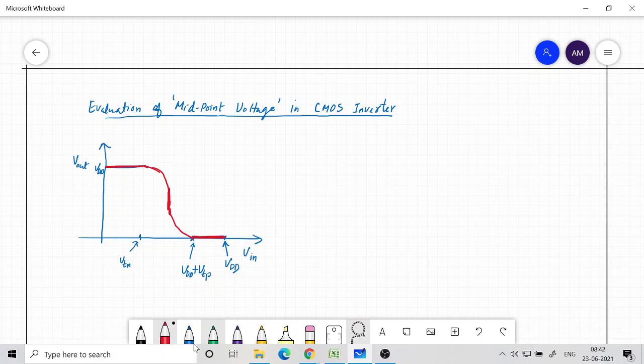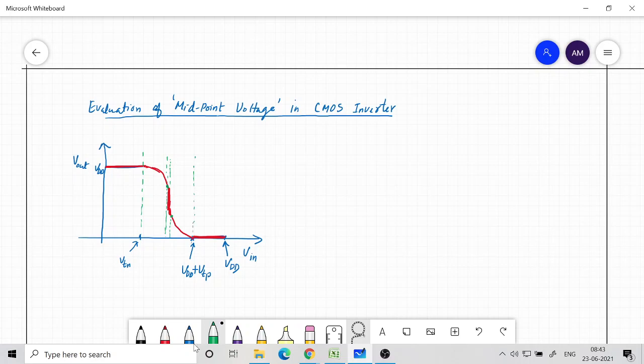So now we can demarcate different regions. This is one region, and then you have another region, yet another region which is very closely spaced, and then the final region.